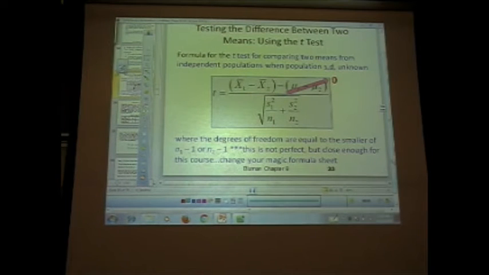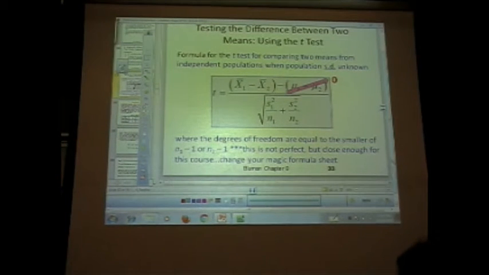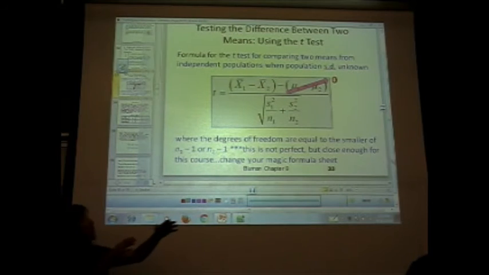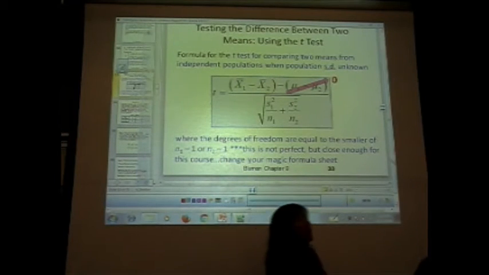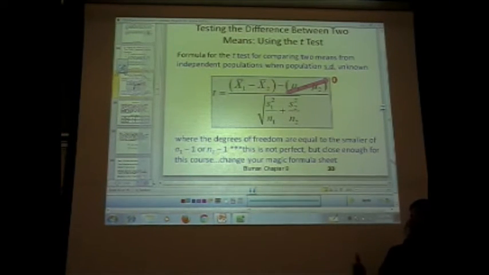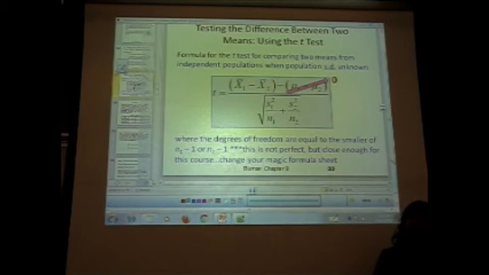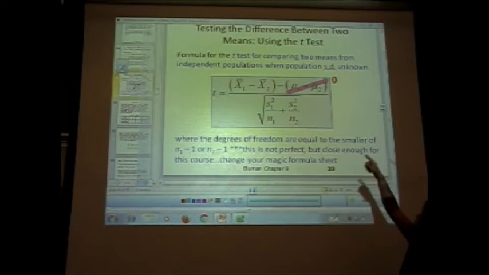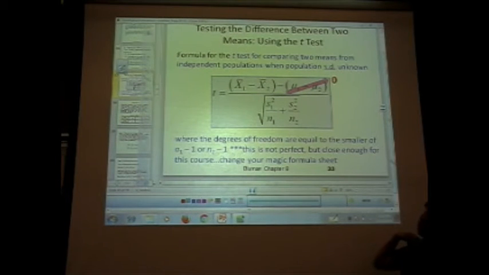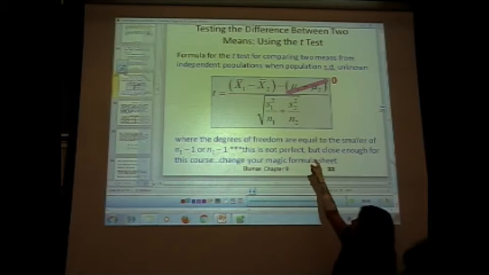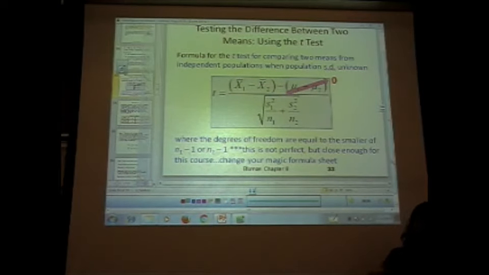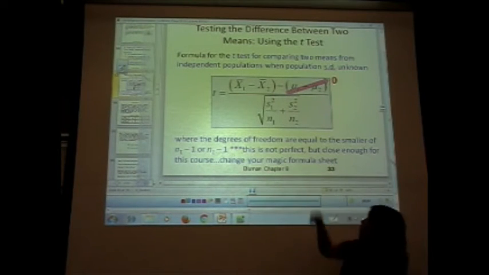You find the difference between the first sample mean you take and the second sample mean you take, and you subtract them, and then you subtract what you expect, the first population's mu minus the second population's mu. But again, you expect that difference to be 0, so that part goes away. And then you divide by the standard deviation of two samples, which is when you find the variance and add them, and then take the square root of that. So that's where that bottom part comes from.